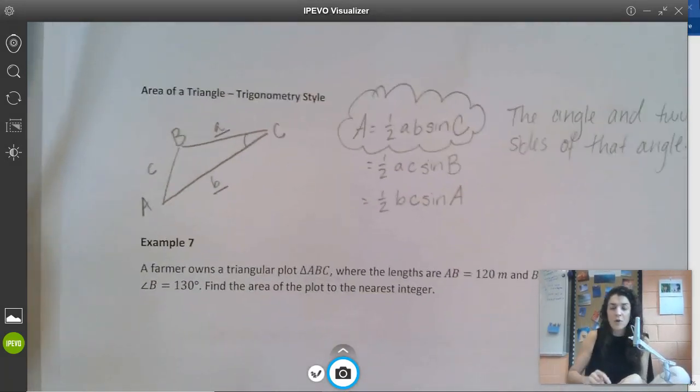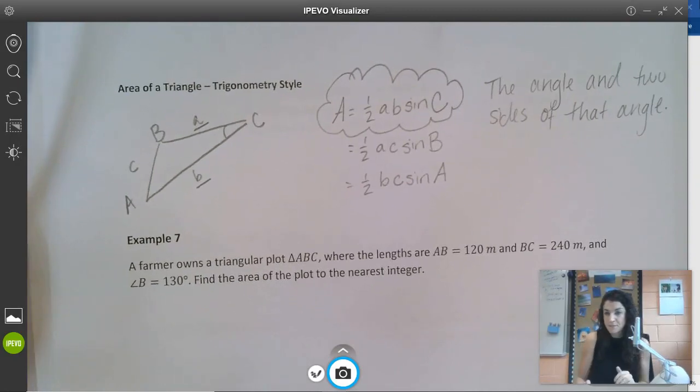That's the relationship we're going for here in this triangle formula.